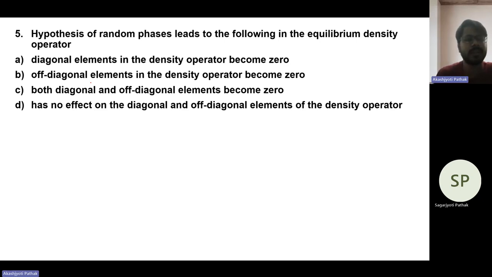The correct answer for the question is that the off-diagonal elements in the density operator will become zero in the equilibrium density operator in case of the hypothesis of random phases.